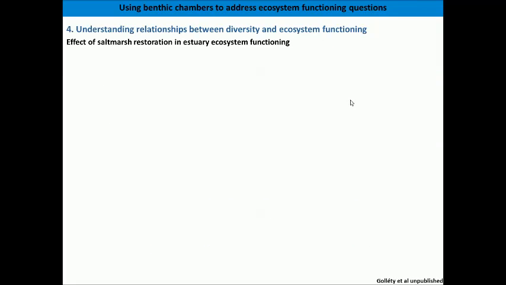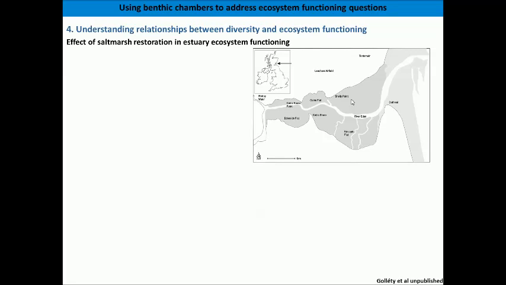The work I'm currently carrying out here in St. Andrews is to look at the effect of salt marsh restoration on estuary ecosystem functioning. This is the Eden Estuary north of St. Andrews, located here.